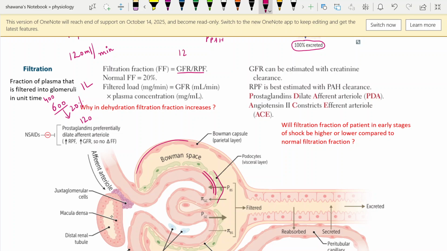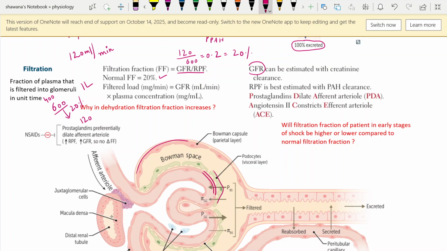GFR is 120 and renal plasma flow is 600, so it becomes 0.2, which we can write as 20%. 20% is the filtration fraction physiologically. We have discussed that GFR can be estimated using the creatinine clearance or inulin clearance, right?